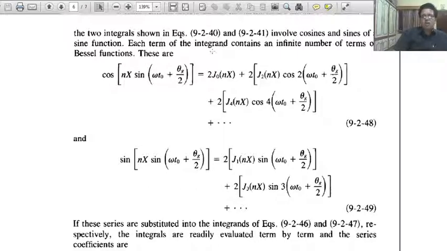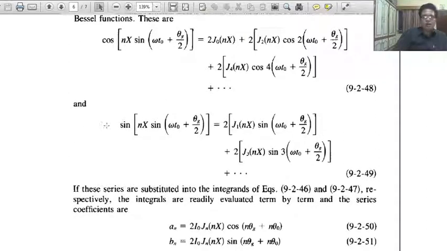each term of the integrand contains an infinite number of terms of Bessel functions. If there are such kinds of functions, then this is given by 2 J0(nx) plus twice J2(nx) cos 2(omega t0 plus theta 0) plus 2 J4 term.